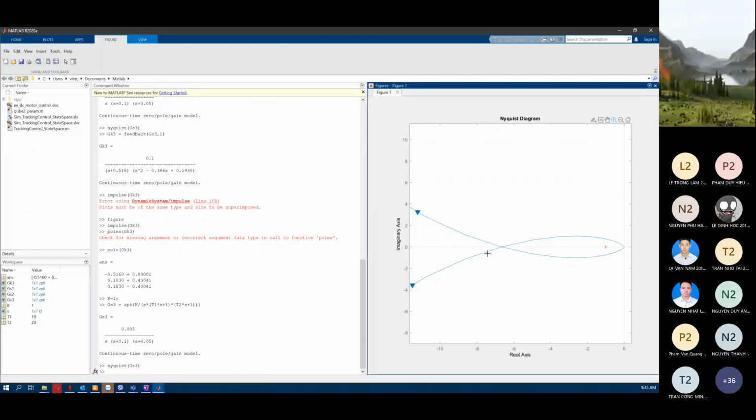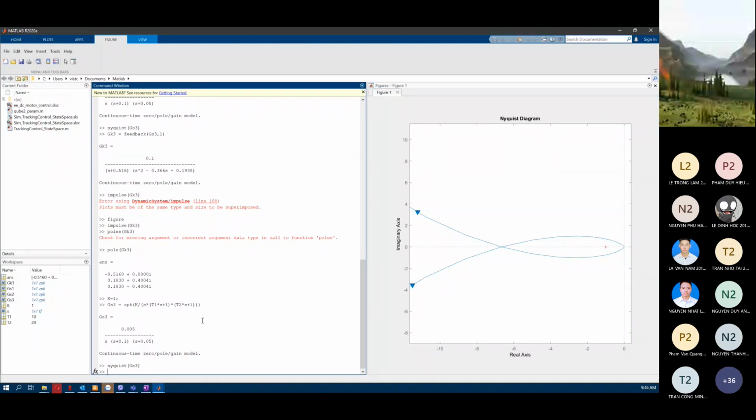So according to our criterion here, because the open loop system has one pole on the right half plane, at s equal to 0, that means the Nyquist diagram should encircle the point -1 once. And here it encircles once.